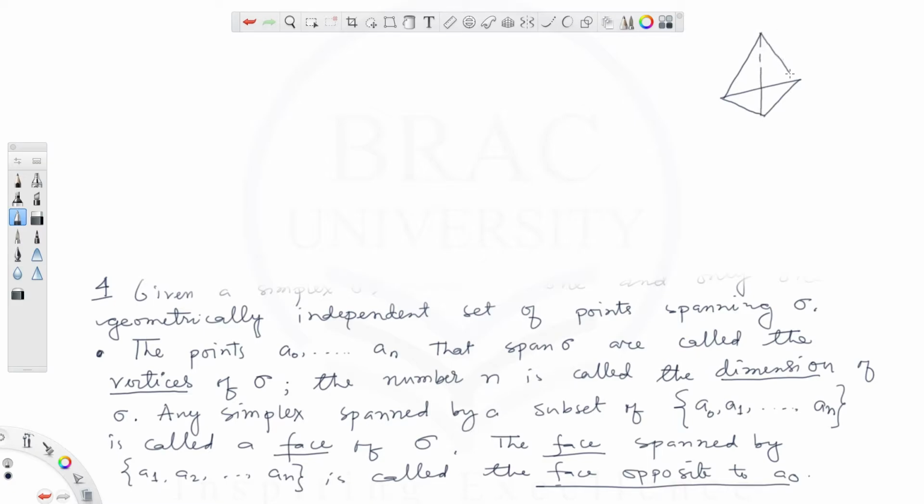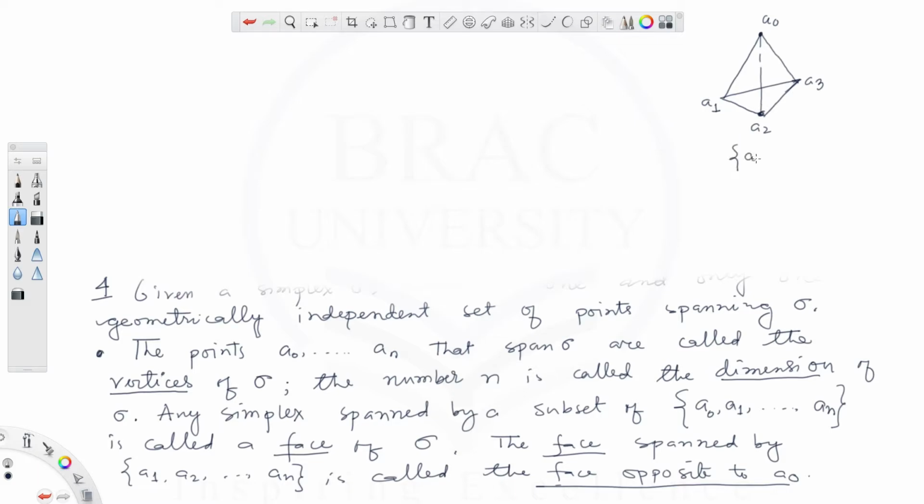Let's call the 3 points of this triangle A1, A2, A3, and this one A0.